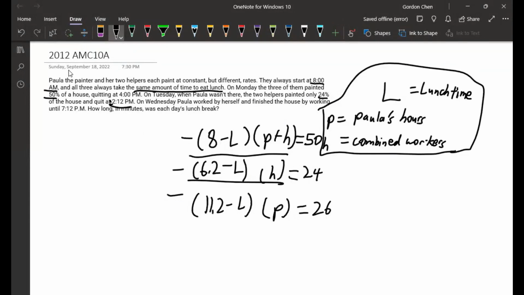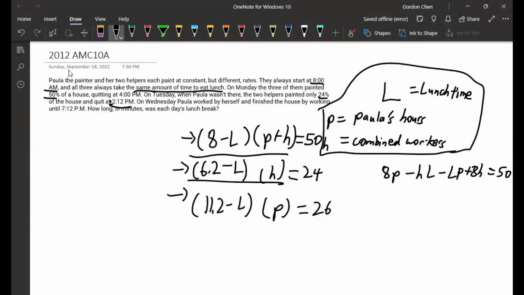And what we can do is expand, or we can add them up. Like we can just expand all of them. So 8P minus HL minus LP plus 8H equals 50.